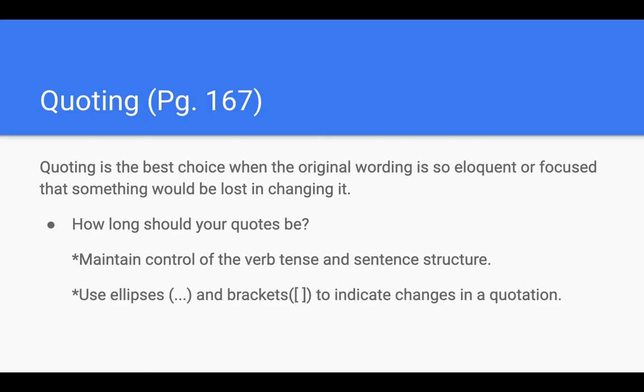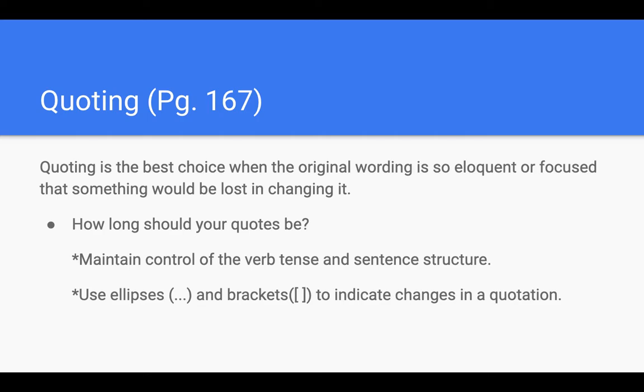Now, this eventually leads to a student asking, okay, so how long should my quote be? Generally, you want to pull enough direct words from your source that you can maintain control of the verb tense and sentence structure. So what this means is you want to use enough of the quote that it's not confusing.